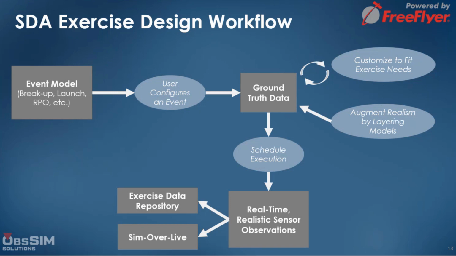It could be a sim-over-live system, which merges simulated data with live data in such a way that whoever's consuming that data does not know what is the sim and what is the live, taking away any aspects of cheating or making different decisions because you know something is simulated. And then from those systems, the data is pushed to the operators' actual tools so that they can train as they would act in normal operations.